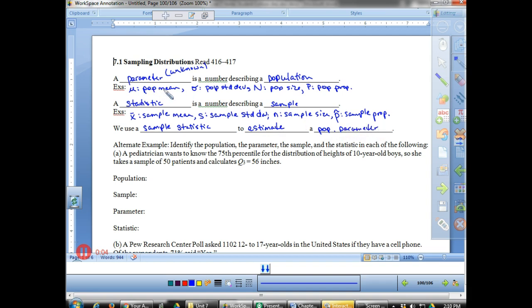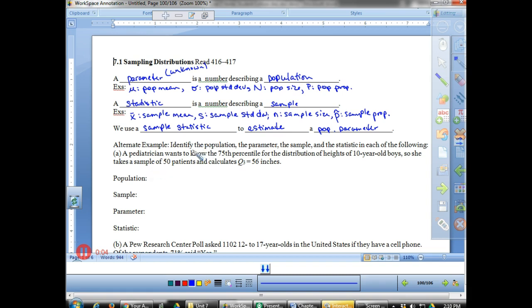If we're interested in the true mean of the population, we would use the sample mean x bar as an estimate of the population mean mu. That's essentially what we're trying to do in the German tank problem, except you use formulas: you use a sample statistic and somehow modify it to estimate the size of the population. All right, so you have to be able to identify the population, the sample, the parameter, and the statistic.